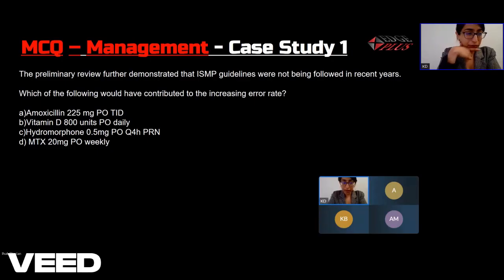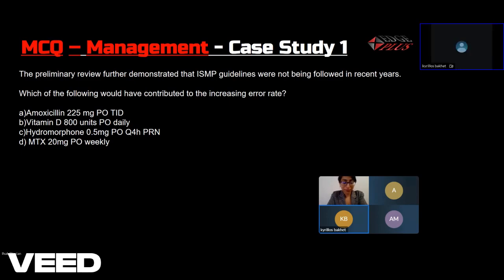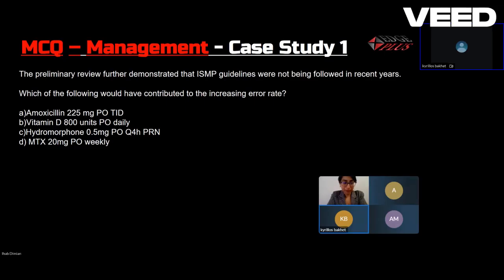Any thoughts? I'm not sure if anyone is familiar with ISMP guidelines, and it's different kinds of guidelines than the clinical guidelines here. No? Kyrillos? Yes, please. I think D would be the best choice. Why?